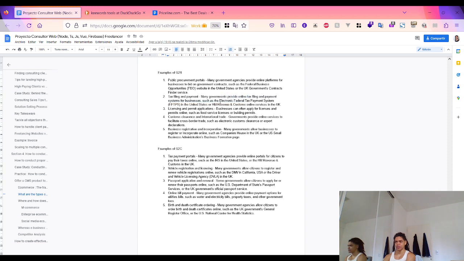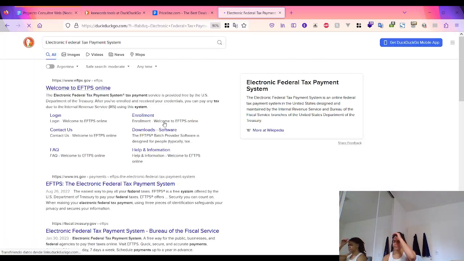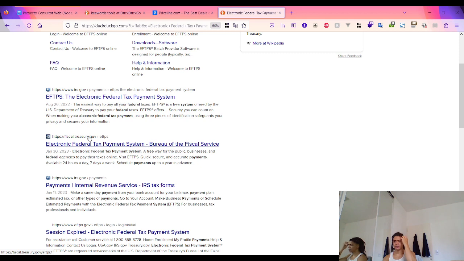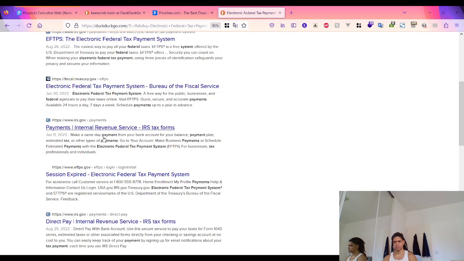Holy crap! I barely hear about this. It's something very, very random, very hidden. The Electronic Federal Tax Payment System, by Internal Revenue.